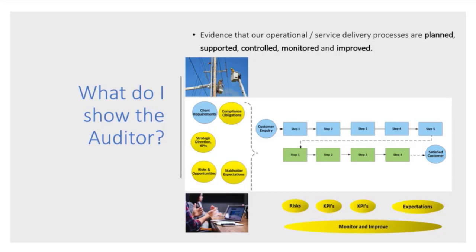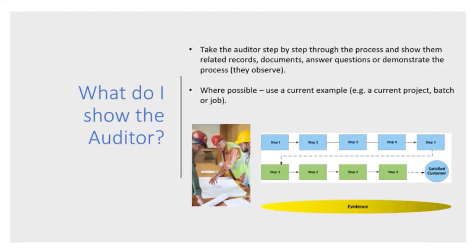Auditors are very keen to see where an opportunity for improvement has been identified, and that this can be presented in a way that shows the method of how it was captured, reported, possibly investigated, possibly required management approval, and how those changes were then communicated throughout the organisation. Take the auditor step by step through a process and show them the related records and documents, and answer the questions or demonstrate the process that's been taken.